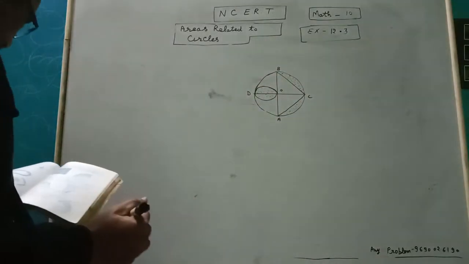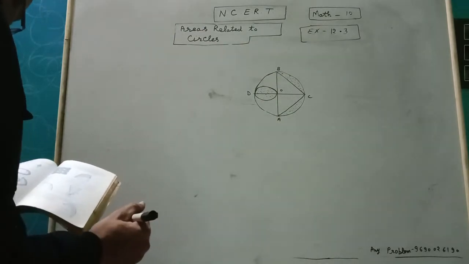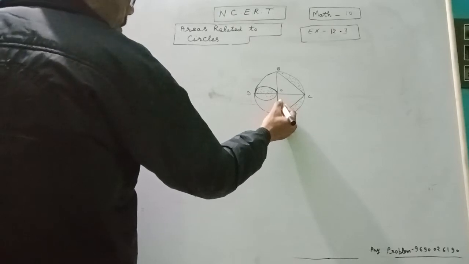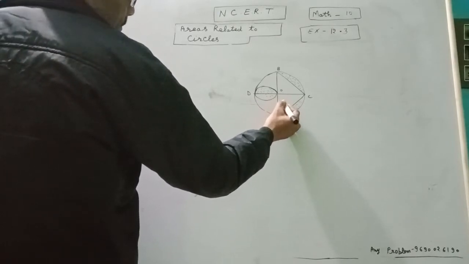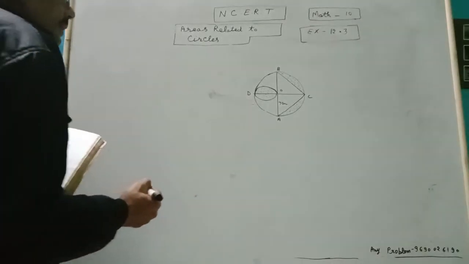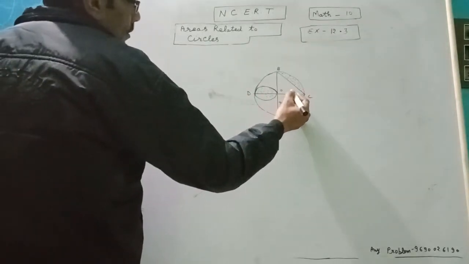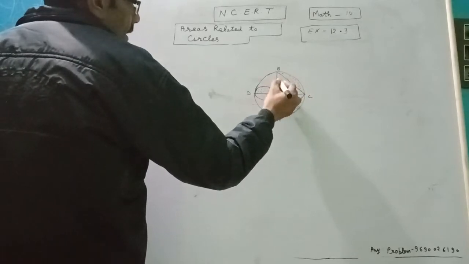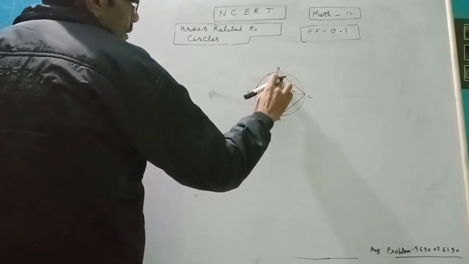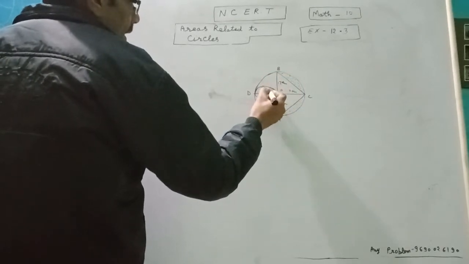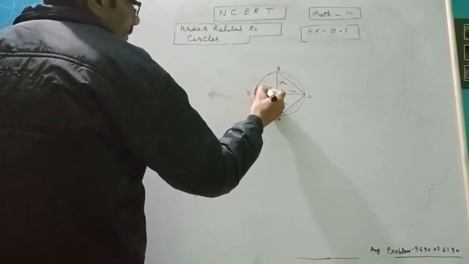We find the OA is equal to 7 cm. When OA is equal to 7, OC is 7, OB is 7 and OD is 7.